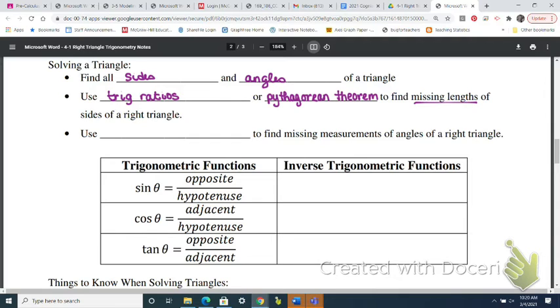If I want to find a missing angle, I am going to use inverse trig ratios. Which means I need to hit second and whatever the key is, whether it's sine, cosine, or tangent.